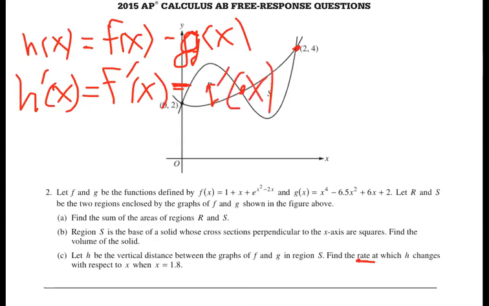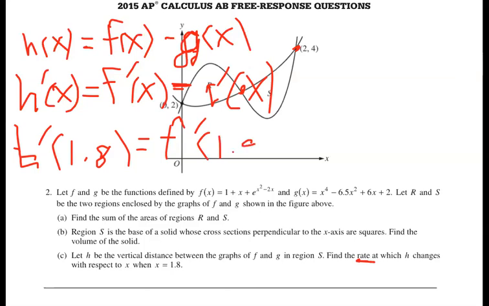Then it wants that value, so you're going to plug in: h prime at 1.8 is going to equal f prime of 1.8 minus g prime of 1.8.